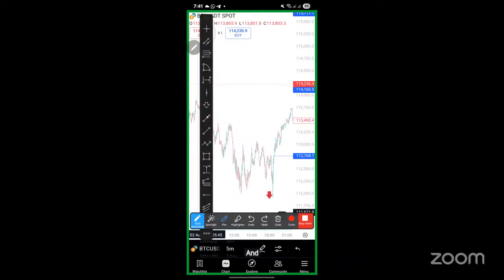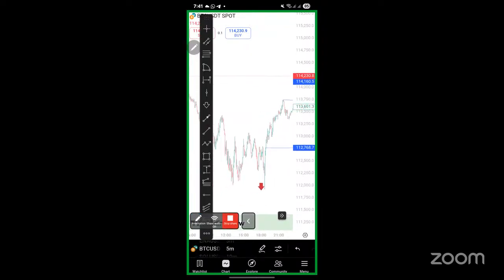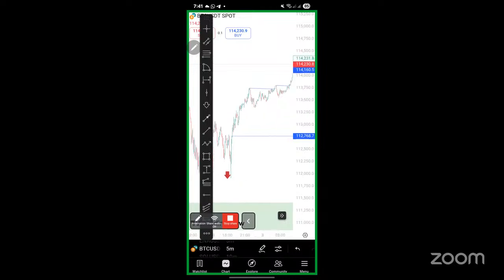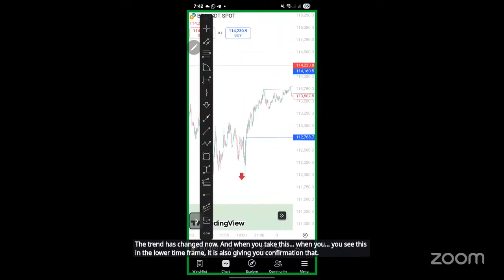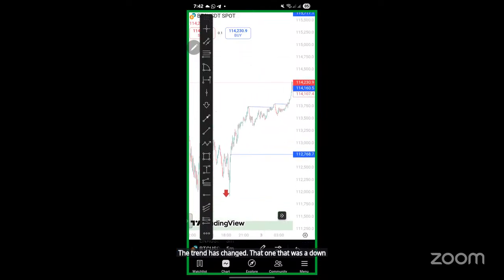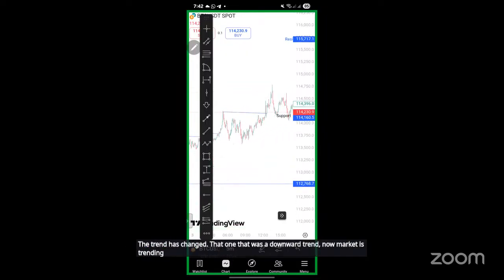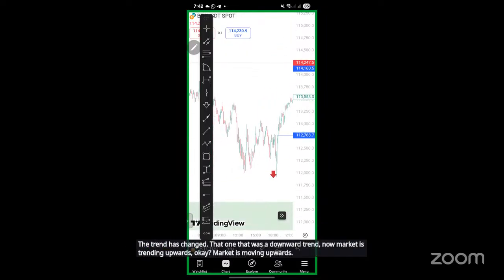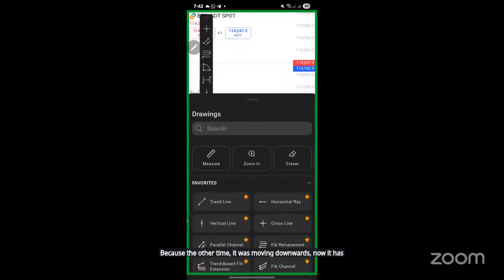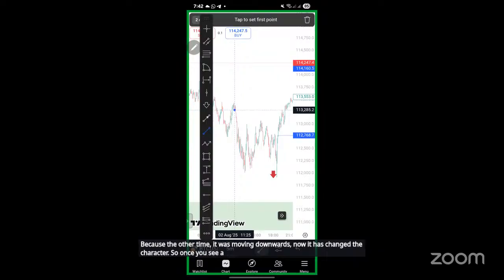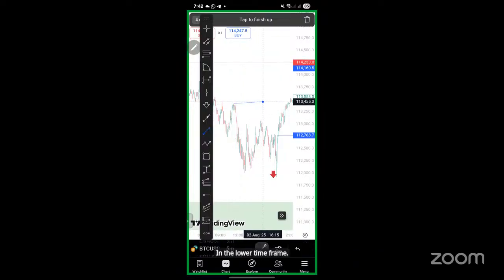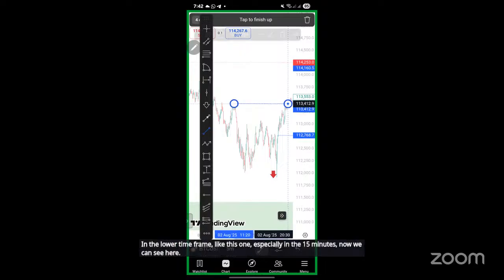When you see this in the lower time frame, it is also giving you confirmation that the trend has changed. That one was a downward trend, now the market is trending upwards. Once you see a change of character in the lower time frame, especially in the 15 minutes, you can see here, price changed character there.